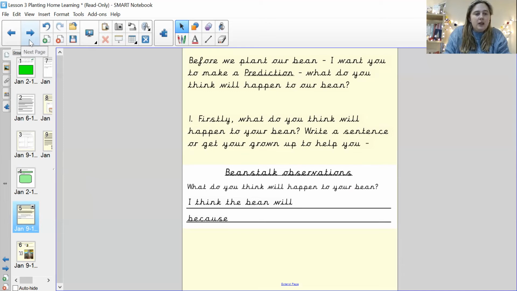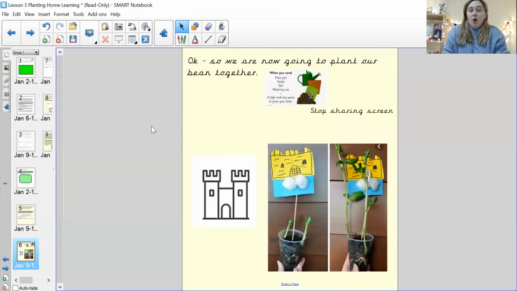Right, so we're going to plant our bean together. Are you ready? I'm going to stop sharing so that I can show you how to plant this bean. Okay, so if you want to do this at home, mums and dads, it is kidney beans, just a normal pack of sort of dried kidney beans.